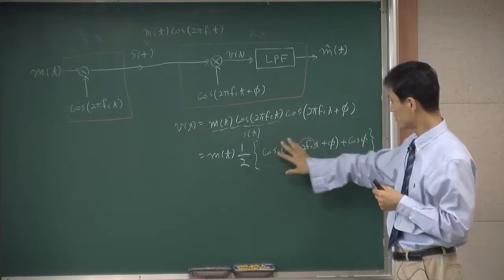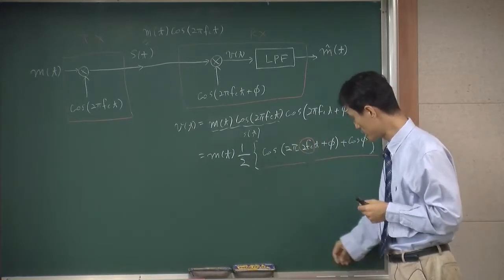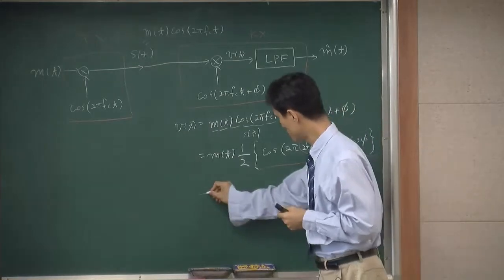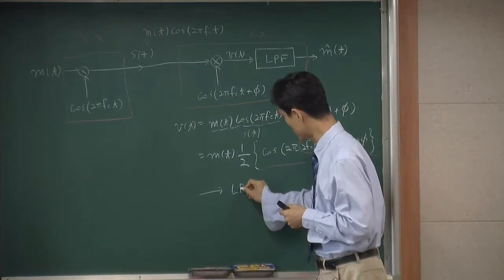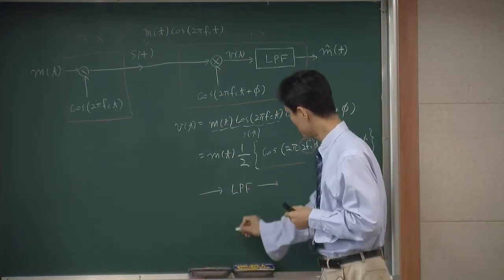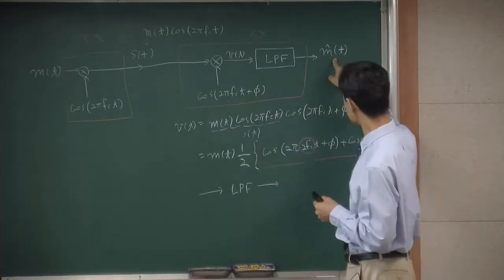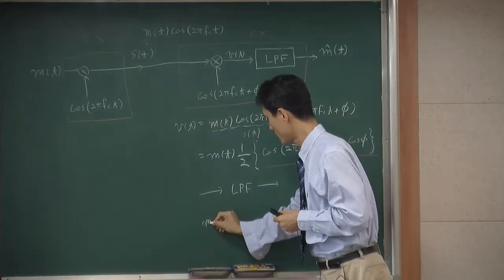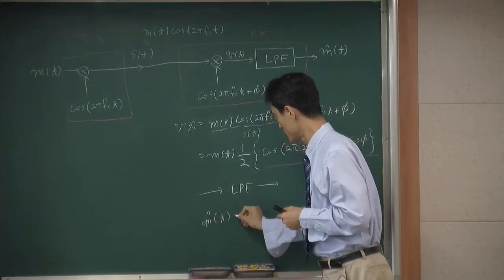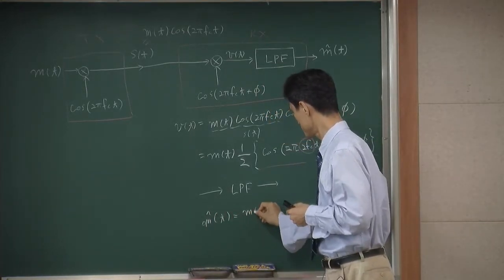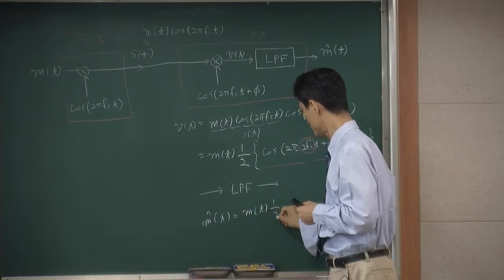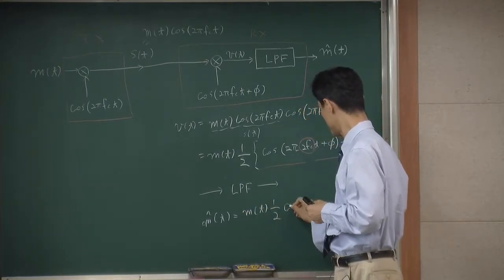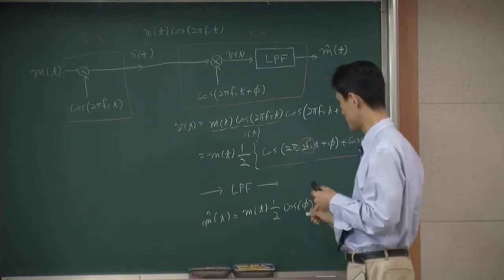Okay? Once you remove these things by the low pass filter, right here, after the low pass filter, we get m hat t equals to this.